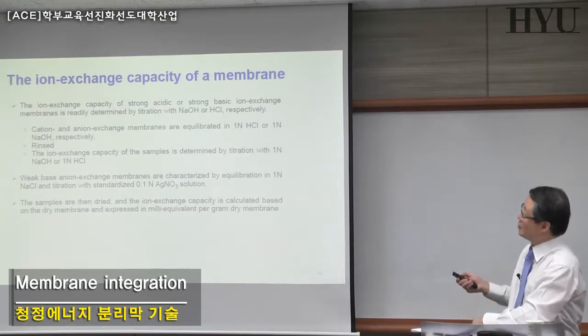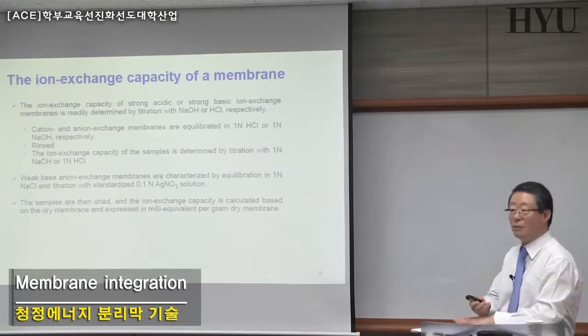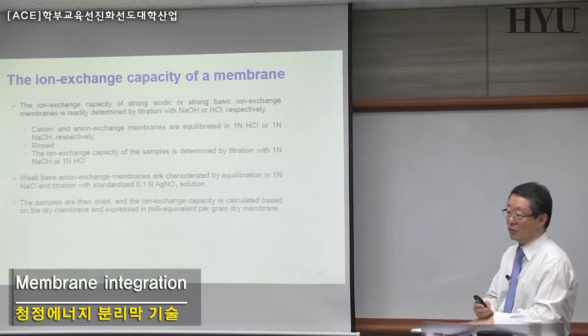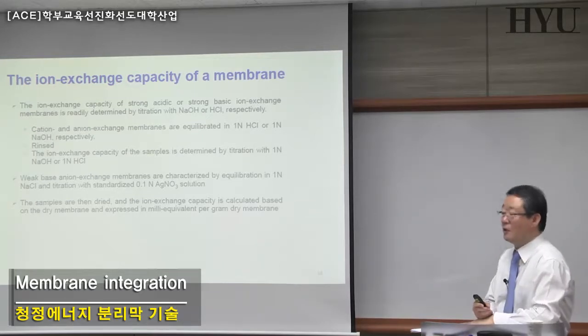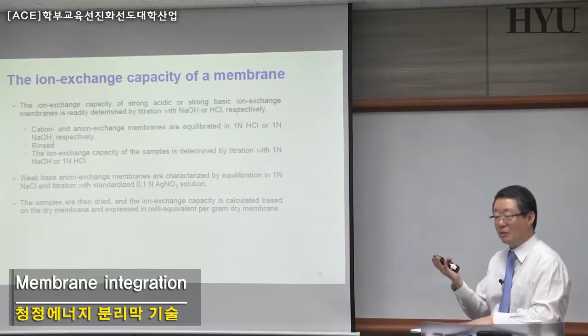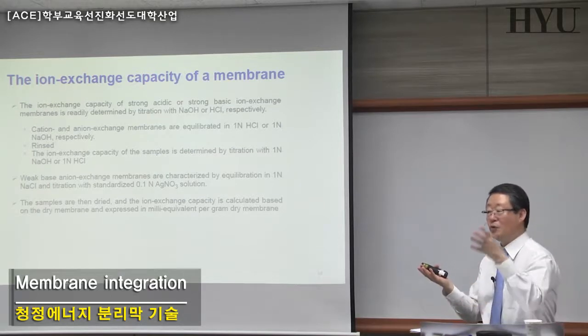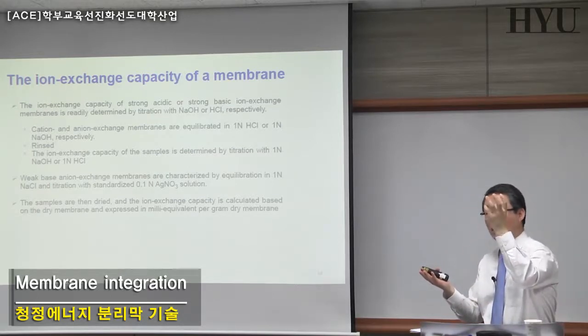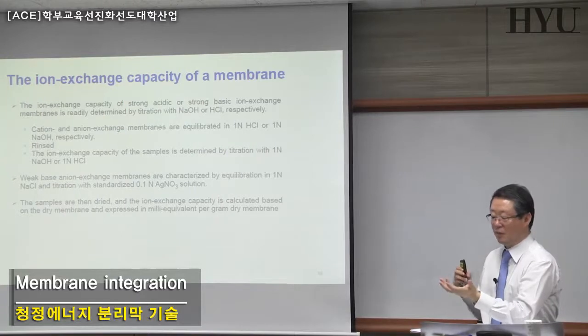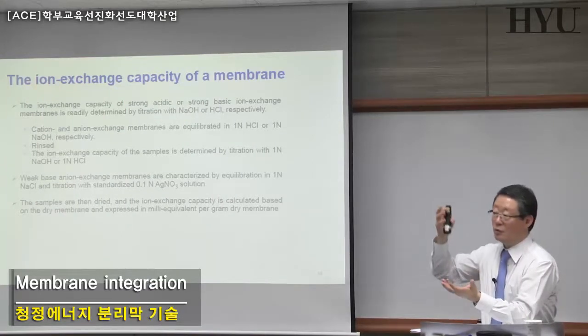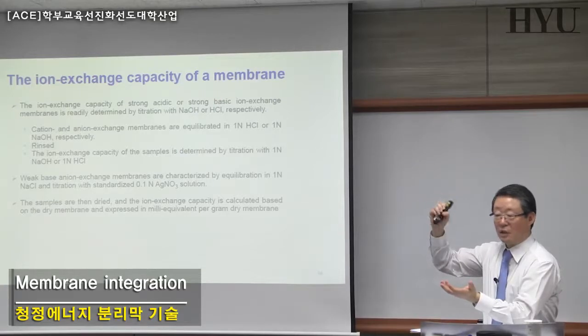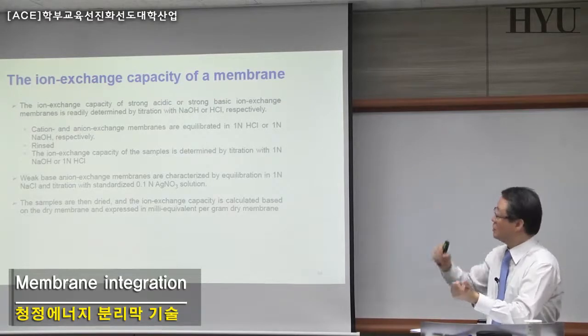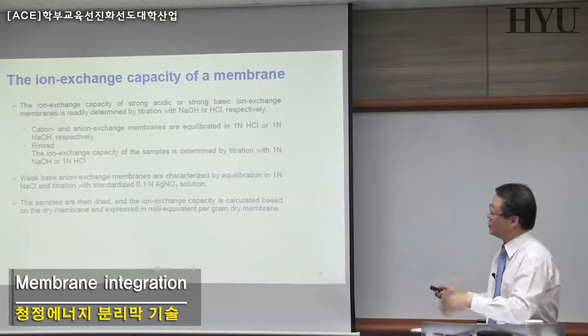So IEC, the so-called IEC, can be determined by the titration method. If you have a negative charge in the membrane, then you may use a positively charged solution. If you have a positively charged cation in the membrane, then you use the anion charged one, such as a proton, the HCl.